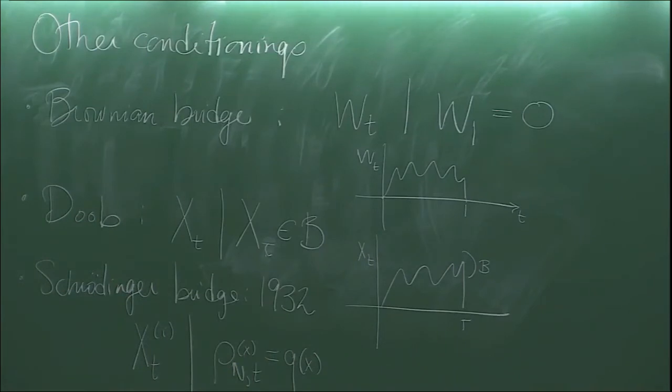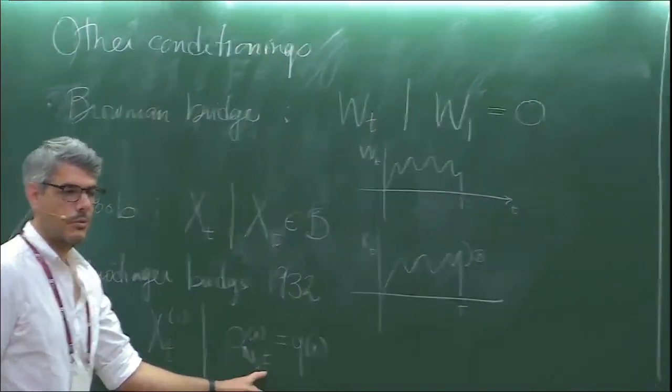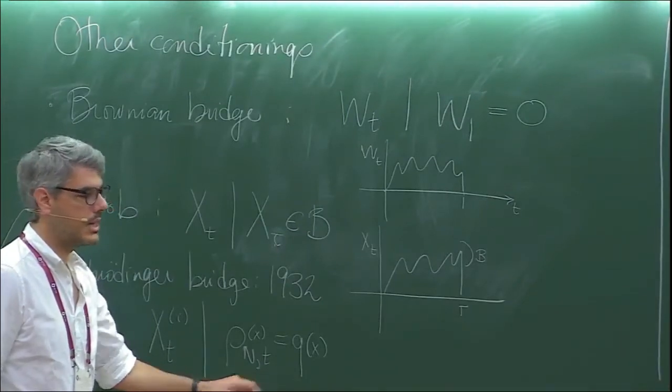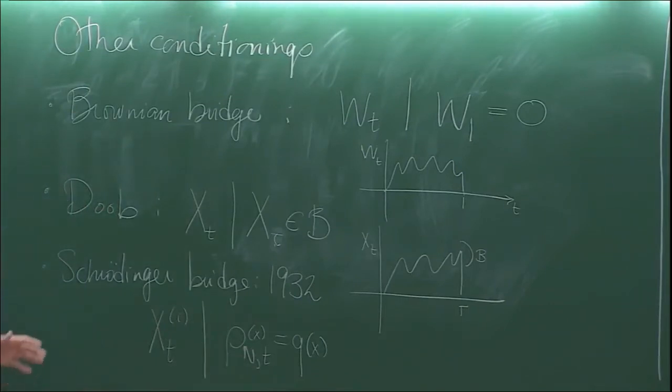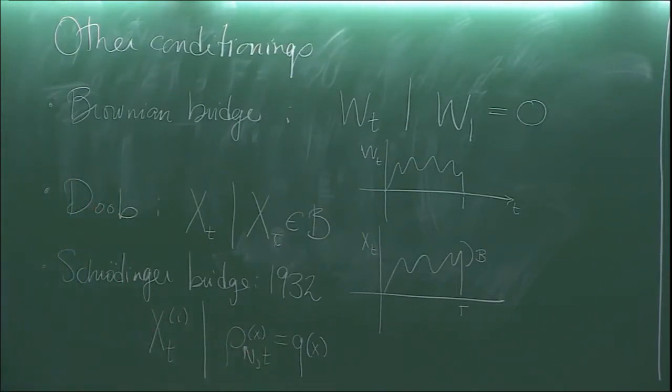So you're forcing the diffusion to behave in a density sense according to some fixed distribution that you want to reach at time t. And Schrödinger was looking at this to derive a Markov picture of quantum mechanics, and there's also a complete theory for this, and it's been studied a lot in mathematics under the name of Schrödinger bridge. You have to construct a forward process and a backward process that meet at time t, and actually generate that distribution Q.